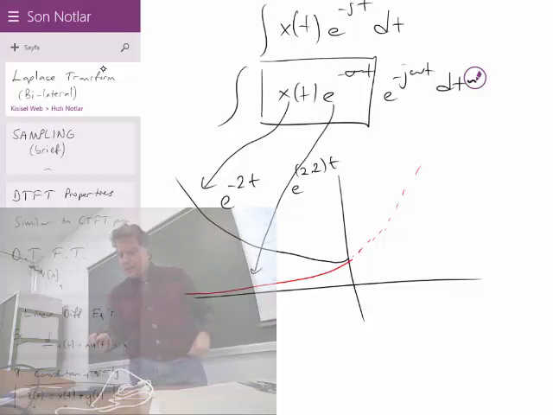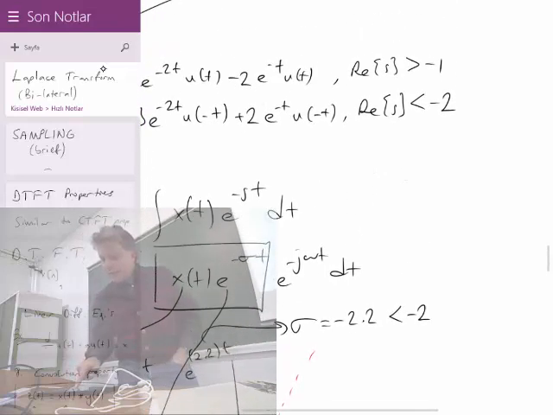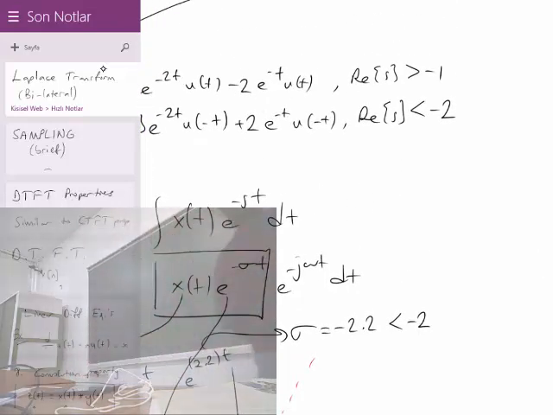And as you see, this sigma here is equal to 2.2. Sorry, it's minus 2.2. Minus 2.2 is less than minus 2. So it is inside the region of convergence. Real part of s is less than minus 2.